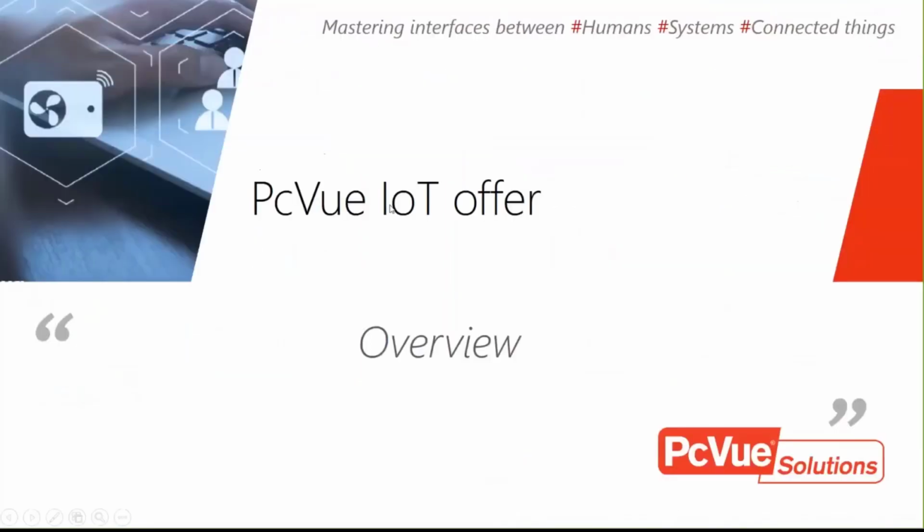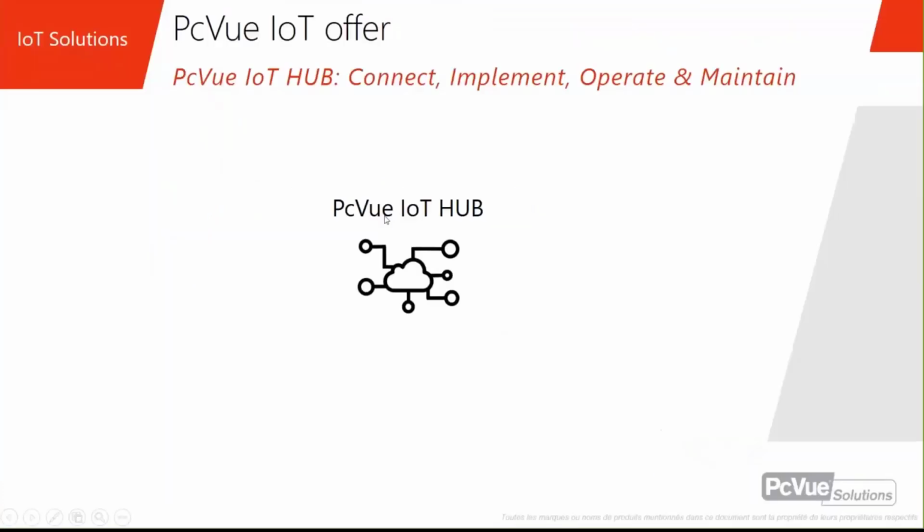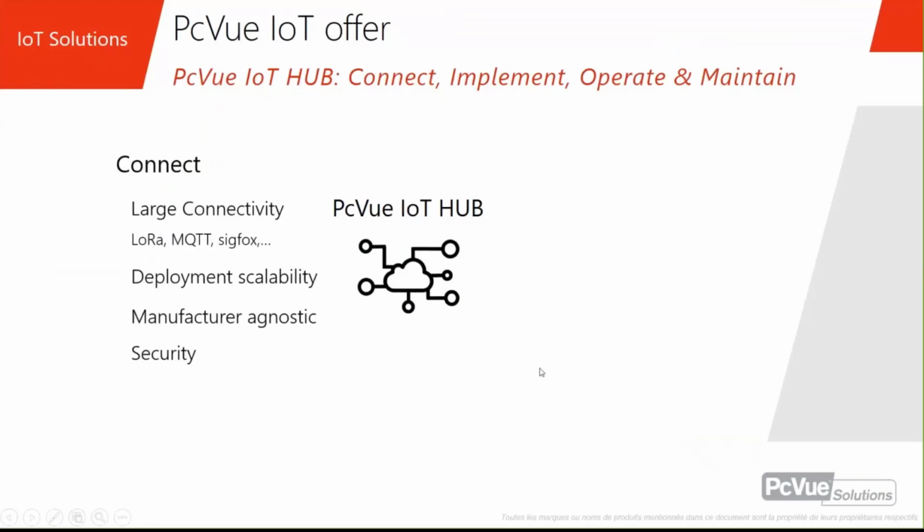So now I just talked a bit about the landscape and what we have around IoT. Now, what do we offer with the PcVue platform? As an overview, we designed a specific component, the PcVue IoT Hub, which is a bunch of services and technology to connect the IoT world with a large connectivity.